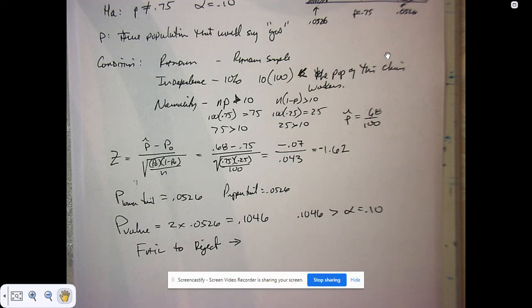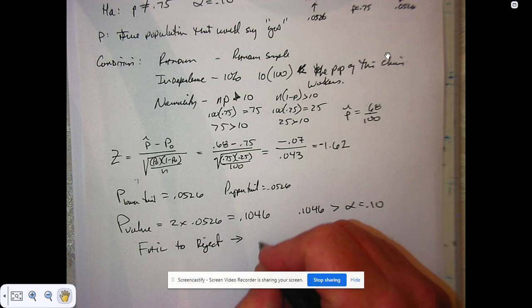We do not find convincing evidence that the proportion of all employees in this chain that would say yes differs from 0.75. So then, of course, you have your conclusion.